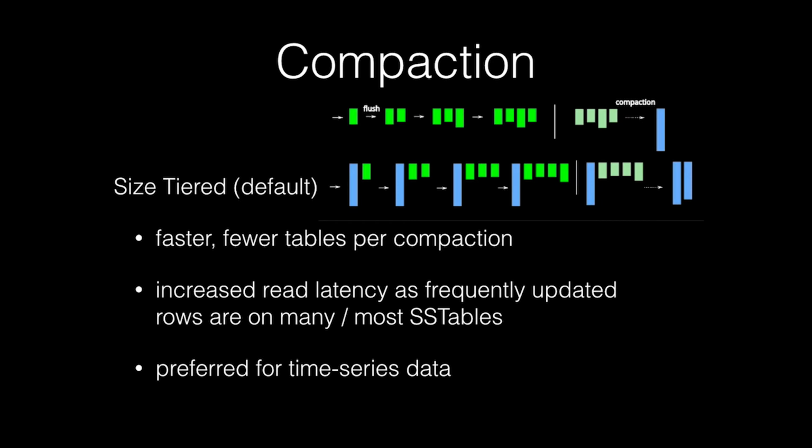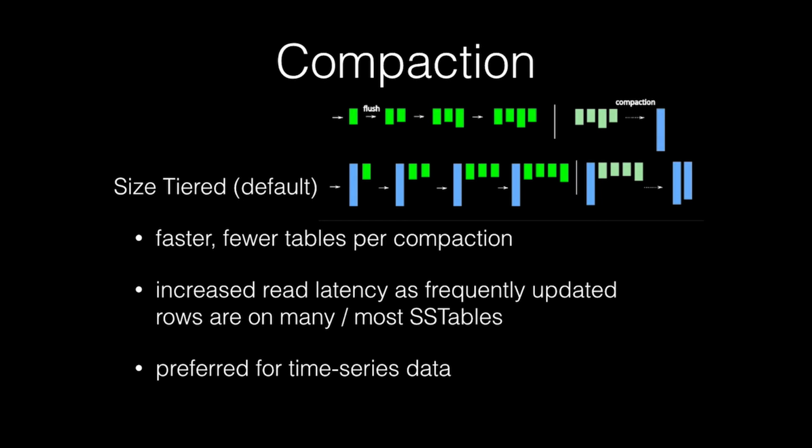The first one is size tiered, which allows you to compact a fewer amount of tables at a time, which is usually faster. It will increase your read latency, though, especially if you have heavily updated data, not heavily appended, but heavily updated, because your given row could end up being in most or all of your SSTables.